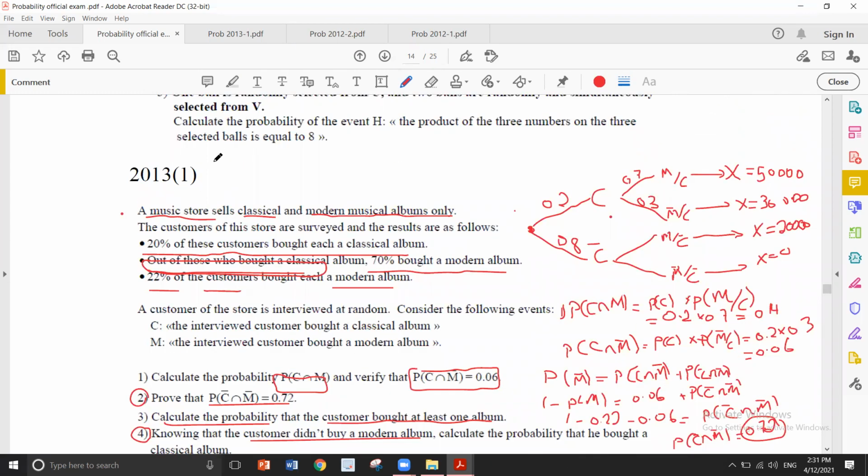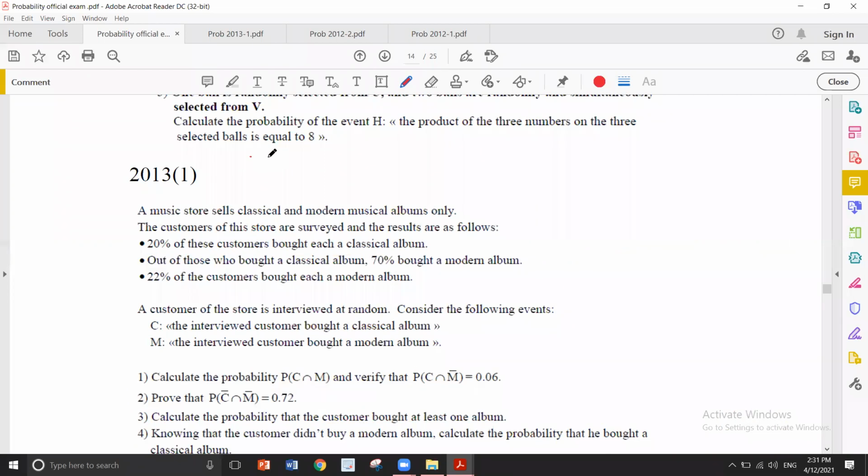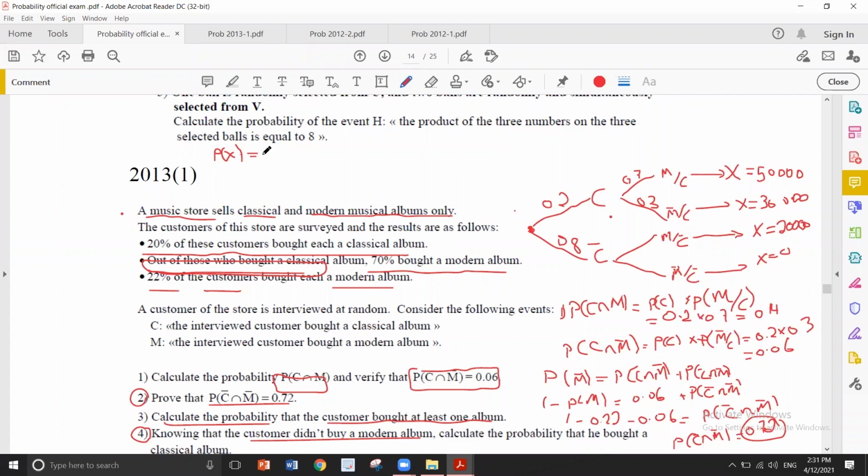First, I have to determine the probability that X equals 50,000. It is the probability of C intersection M, which equals 0.14, calculated before.